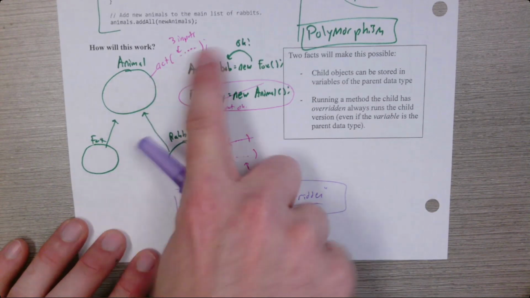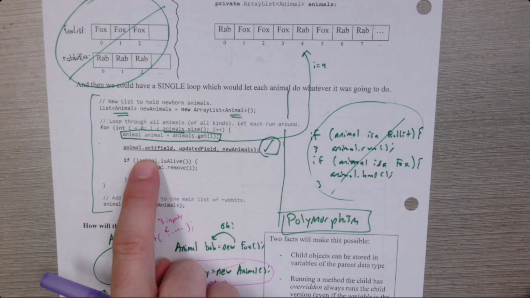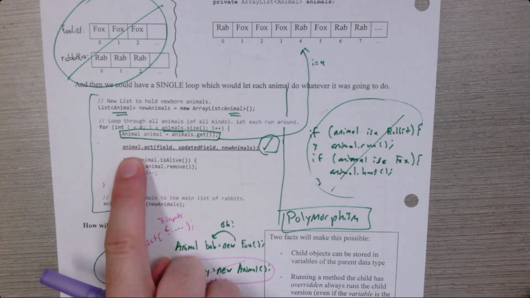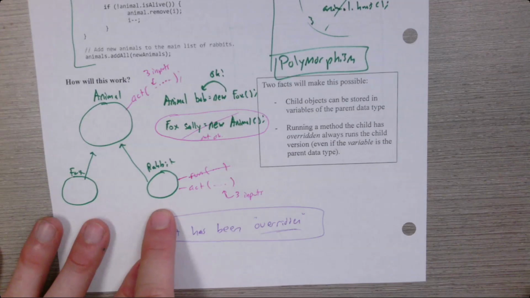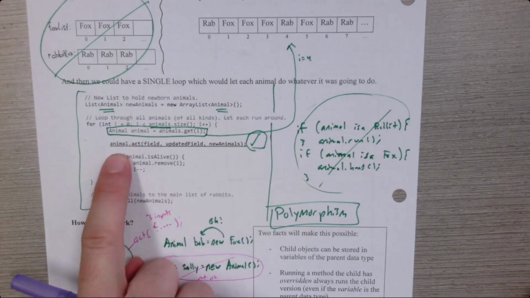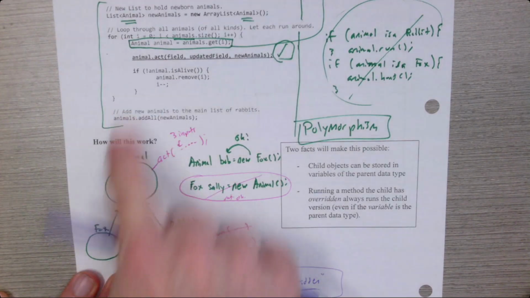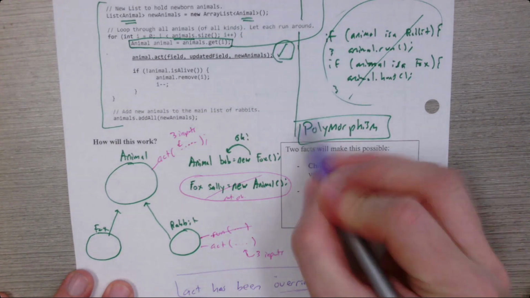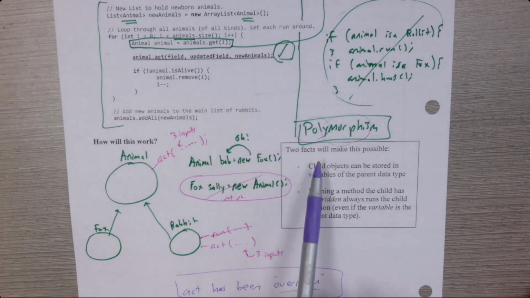So if everything about the method's signature is the same, that's what creates the magic right here, where no matter what kind of object is inside animal, if I run act, it's going to be the correct child version of act. So if animal is a rabbit, it'll run the rabbit version of act. And if animal is a fox, it'll run the fox version of act. That's polymorphism.